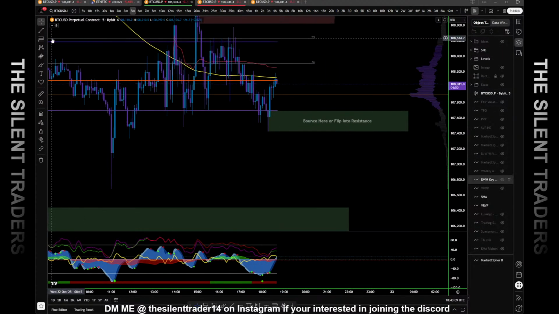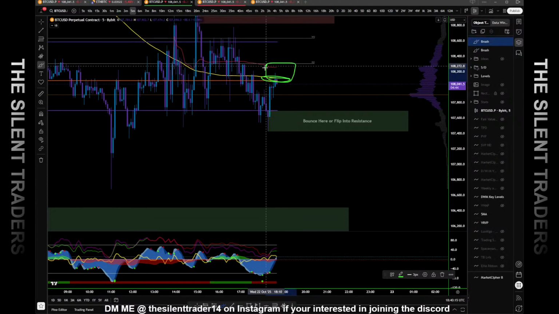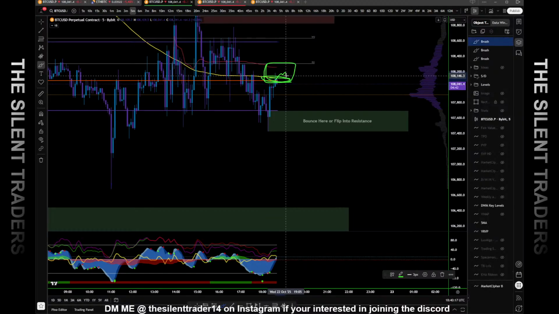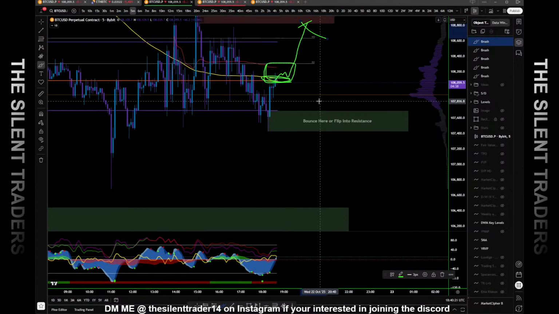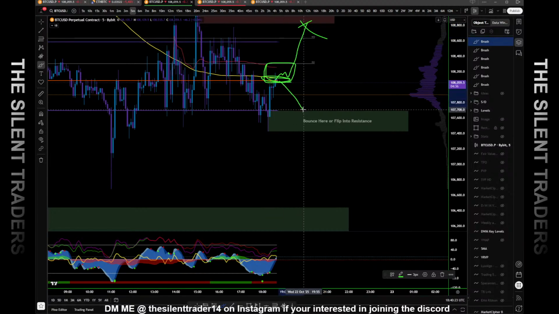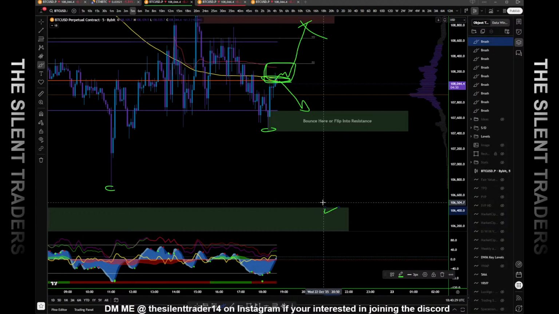Okay, we're right at the high volume node, so I'll look at this even on lower time frames, but these are definitely areas of resistance. If you can start to reclaim it, they'll probably act as support and you'll run up to this next supply zone. If you can't reclaim it, I would say you're running to this demand zone and then probably this low and then this low, hit the box.